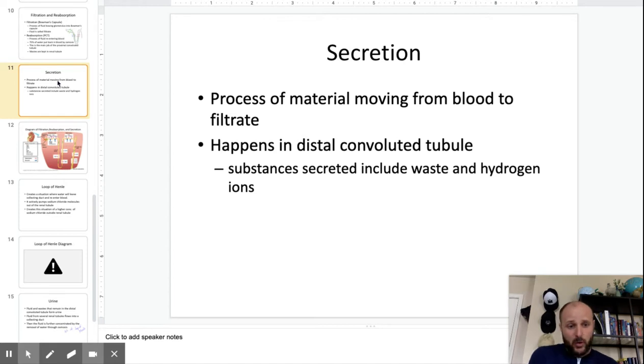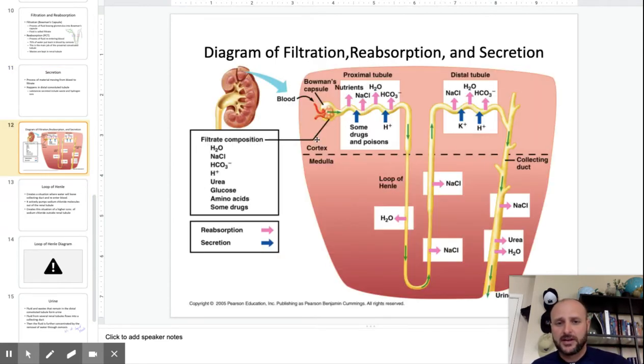So there's some waste still left in the blood at this point, and in the distal convoluted tubule, this waste is going to be put into the renal tubule. So we have this process of things moving in and out of the bloodstream into the renal tubule and so forth, and that filters out the waste. And here's a diagram of that.